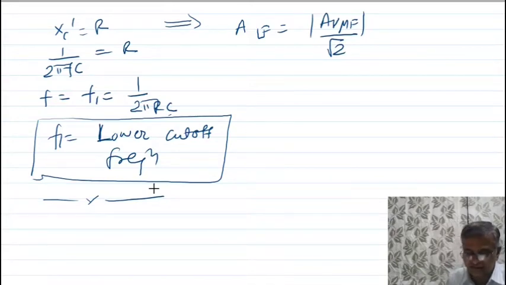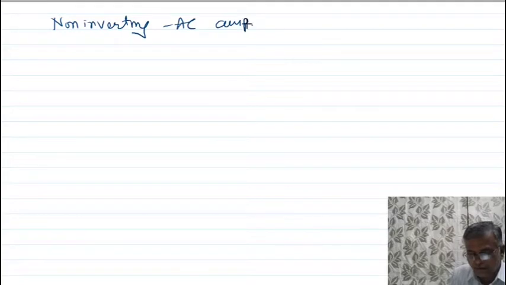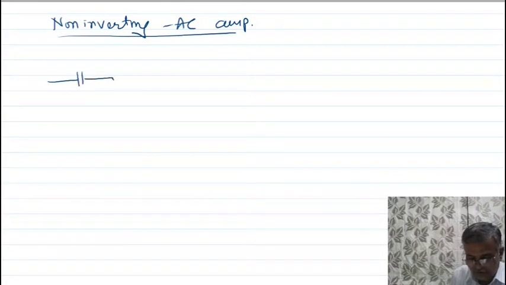Now let us discuss the non-inverting AC amplifier. In non-inverting, we only have to see the circuit diagram. In the non-inverting AC amplifier, you are giving the input voltage Vi to the non-inverting terminal.